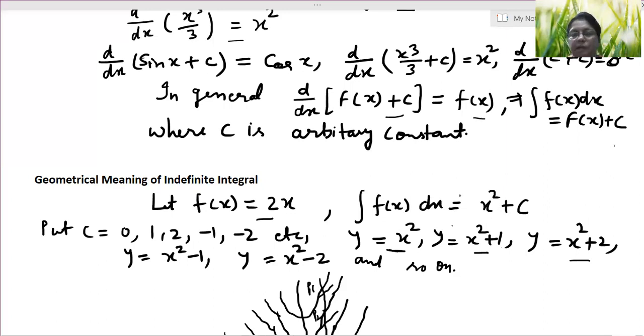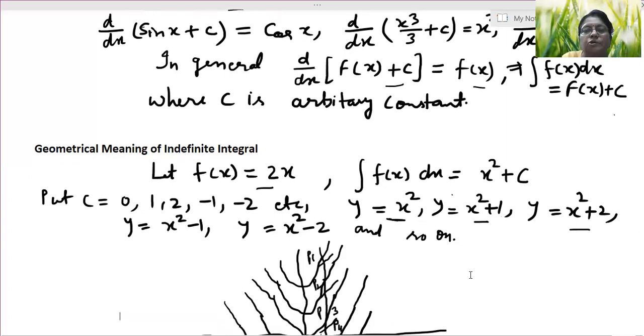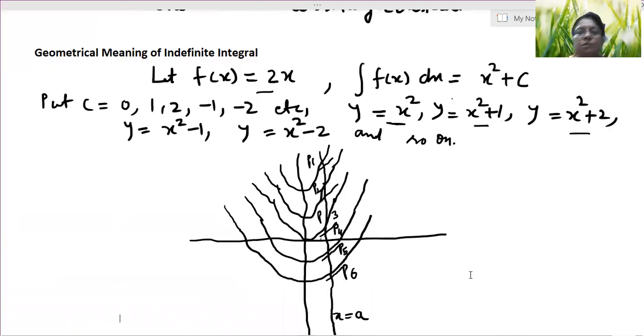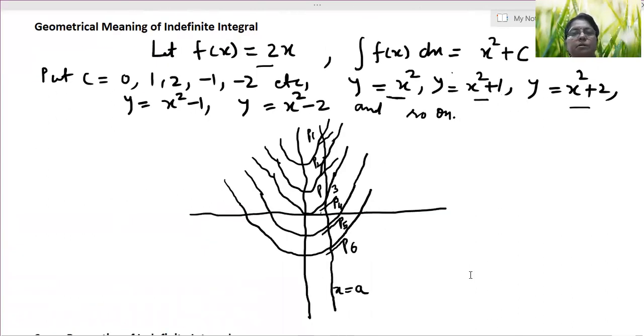So I think you can guess what type of curve will be there. So you can see in this picture बच्चों, ये देखो, this is x square is equal to y, this is y is equal to x square plus 1, y is equal to x square plus 2, y is equal to x square minus 1, y is equal to x square minus 2.